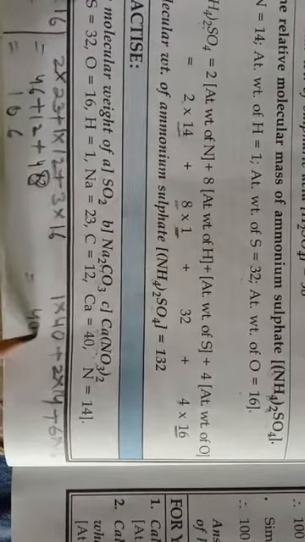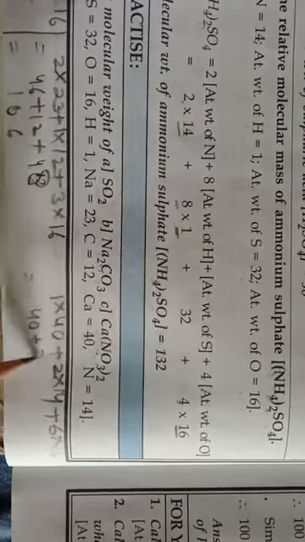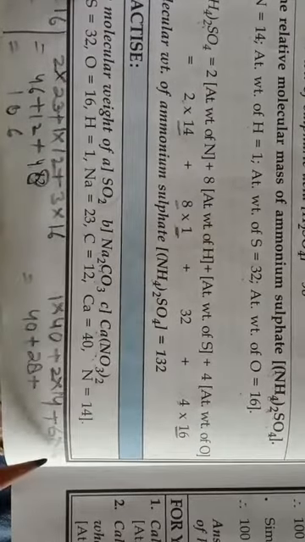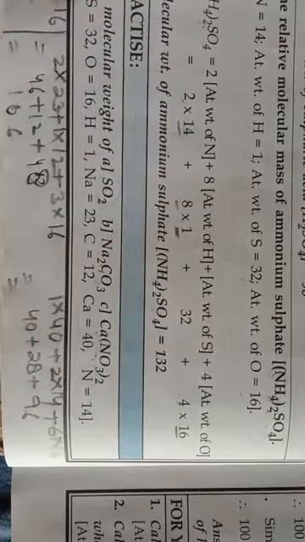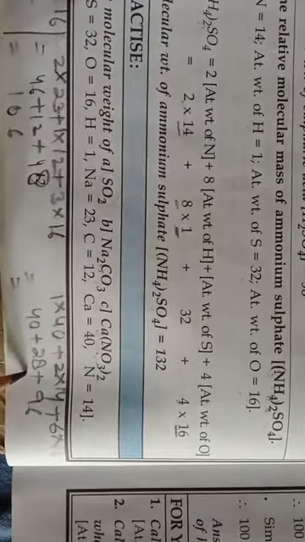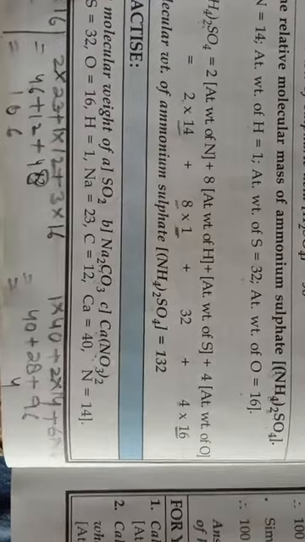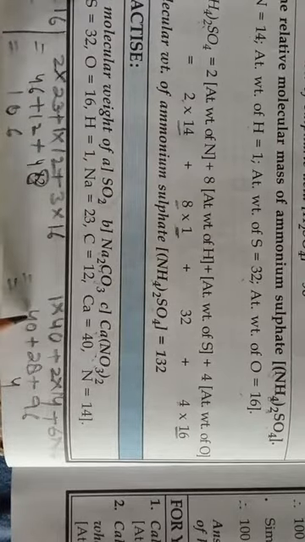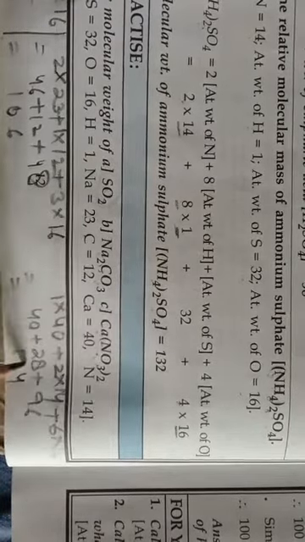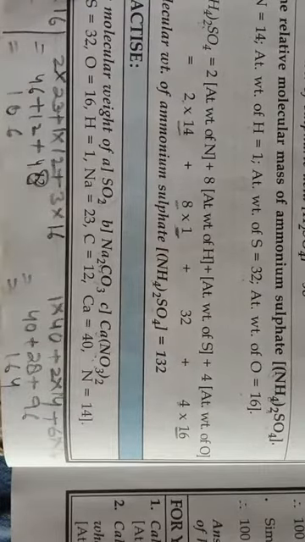Okay children, then 40 plus 28 plus 96, which is 164. So this is the molecular mass of calcium nitrate.